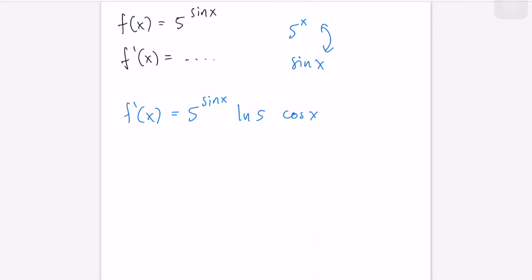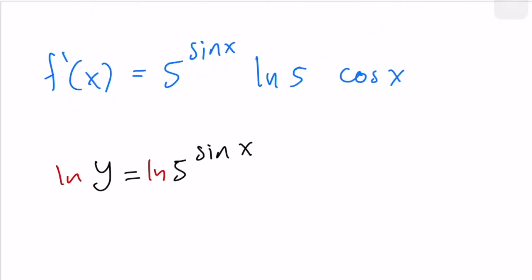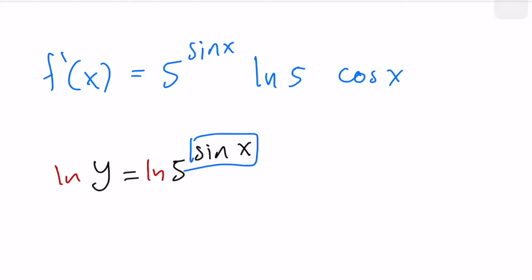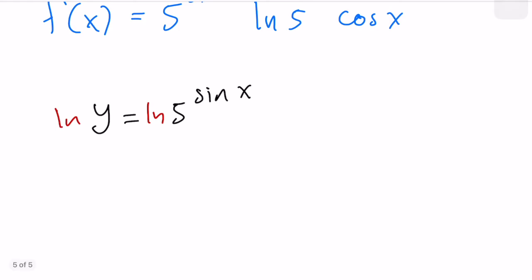Okay, we can go directly like this, or if you want to write y equals 5 to the sine x, we can add ln if you want. Maybe you feel that this term is difficult to follow. If you have the exponent like that, then we can have ln y, then we can take this down here, sine x ln 5, right?